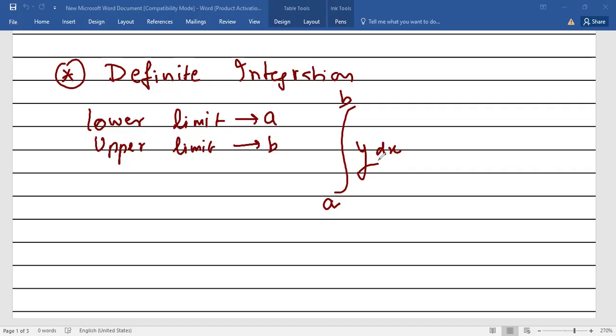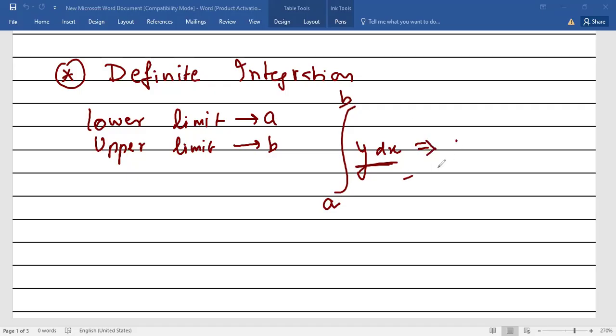See, the standard formula for definite integration is the same as that of indefinite integration, only the last step is different. After putting the integral function, we have to plug in the values of a and b.